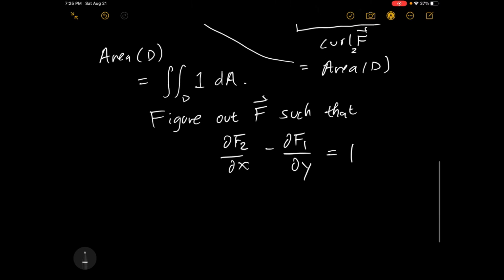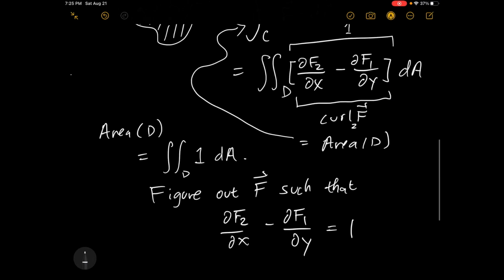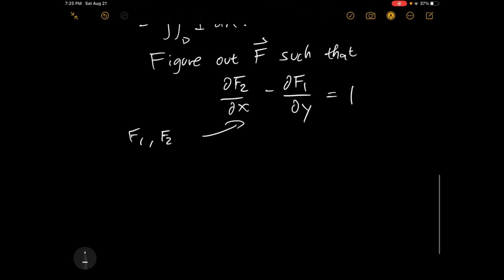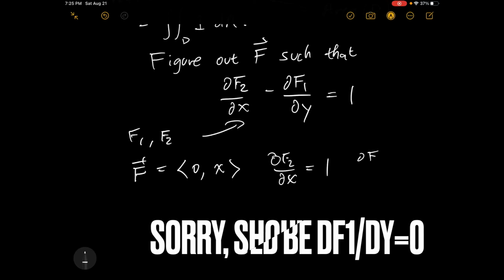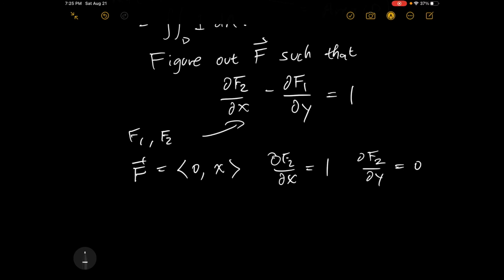All right, so that's cool. So we know exactly how to figure out the area of D. It's just that we need to figure out what F1 and F2 are such that this is true. And there are several examples that actually make this work. So for example, this works because the partial derivative of F2 with respect to x is 1, and the partial derivative of F1 with respect to y is 0, so 1 minus 0 is 1, so it actually works.